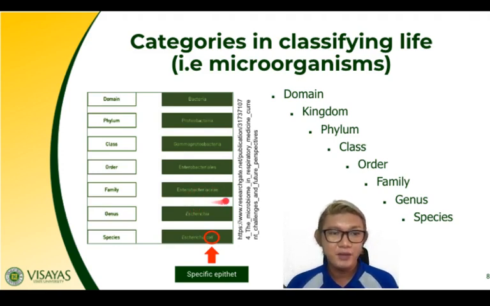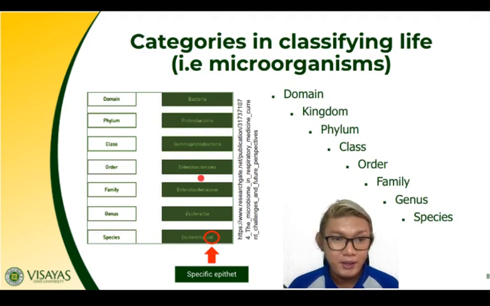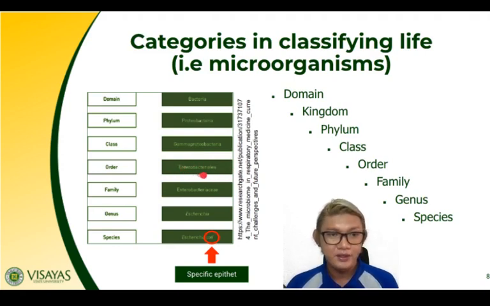This family Enterobacteriaceae is one of the families under the order Enterobacterales. Then Enterobacterales is just one of the many orders of the class Gammaproteobacteria, which is under the phylum Proteobacteria. And phylum Proteobacteria is one of the larger phyla under the domain Bacteria.